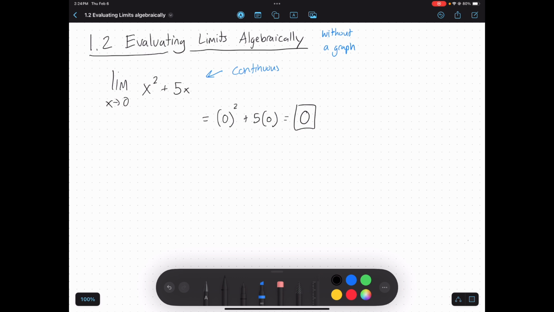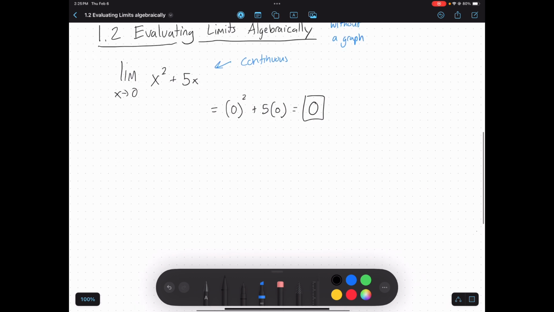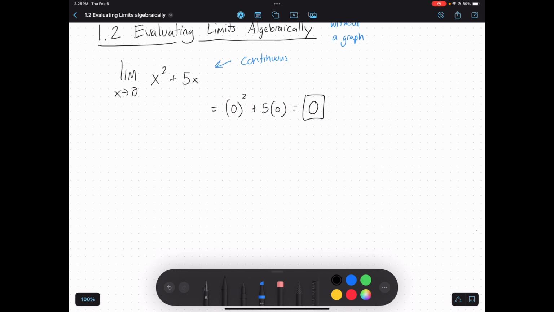Well, this is because continuous functions have some important properties when we're talking about it in terms of limits. So this is what's called the limit definition of continuity. This is what it means for a function to be continuous when I'm talking about limits.